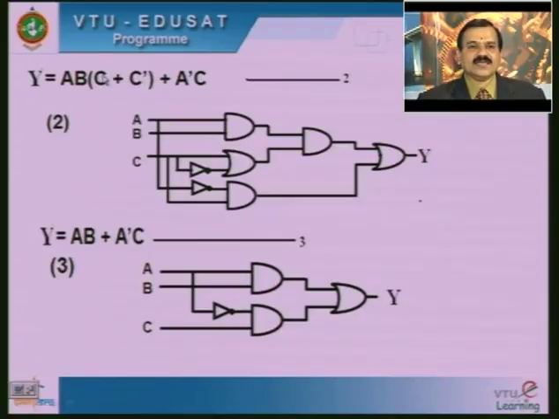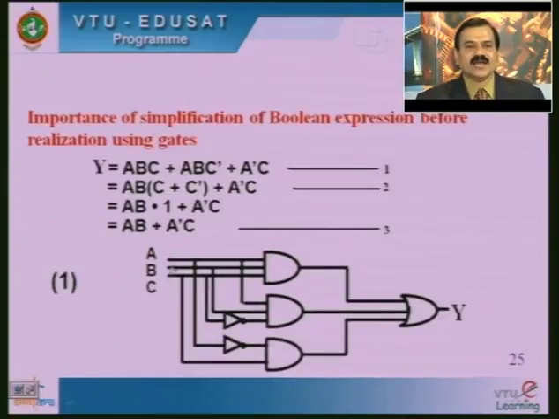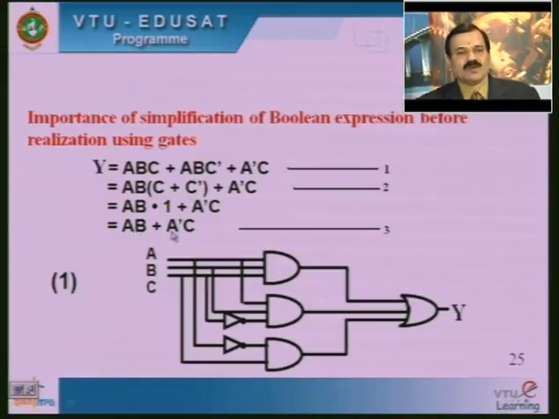Hence this C plus C complement can be minimized, and it can be made just like 1 by using the theorems. So then automatically this C plus C bar can be made 1, then AB into A complement C. If further it is not possible for us to reduce, hence we are going to write the equation realization for this particular equation, simplified version.